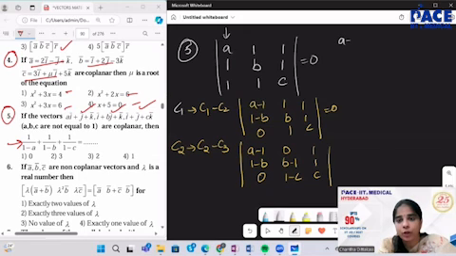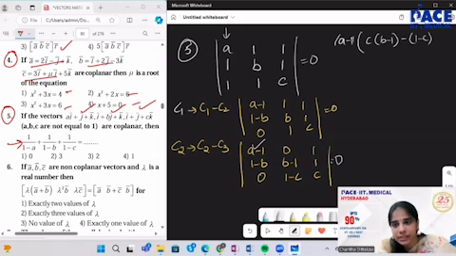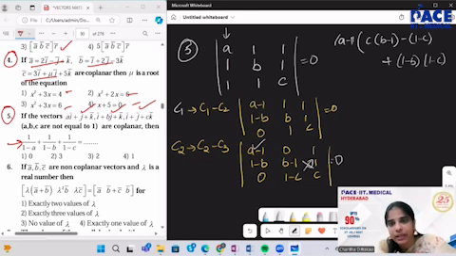So now I've got A minus 1 times the determinant, when I'm equating this to 0, this is C times B minus 1 minus of 1 minus C. This into this minus this into this. So B minus 1 times C minus of 1 minus C. Next, 0 into anything is anyhow nothing, you can just end it there. Next, plus 1 times 1 minus B times 1 minus C. That is what I have.